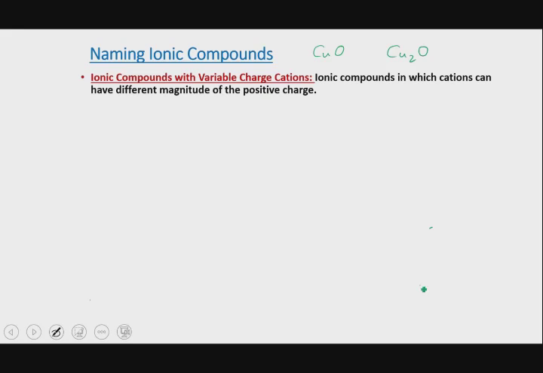Now, when you're dealing with ionic compounds that have fixed charge cations, such as, let's say, calcium chloride, it is very easy for you to write out the chemical formula because we know that calcium ion will have a charge of 2+ because it is a fixed charge cation. It cannot have any other charge.